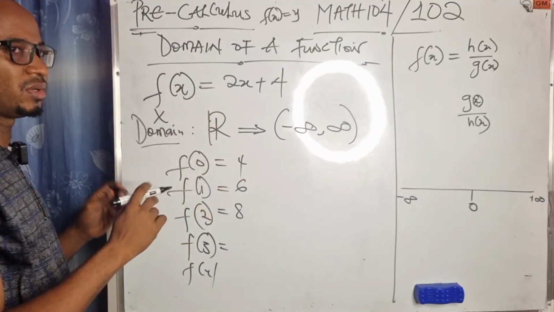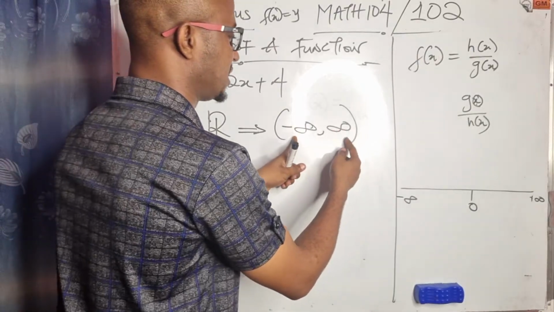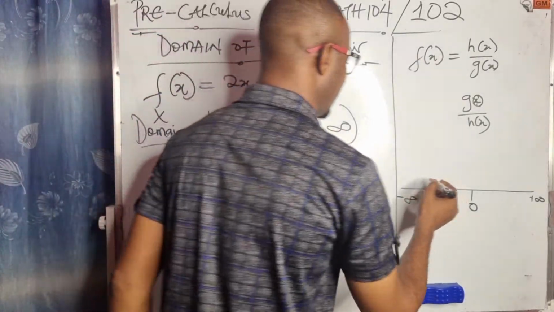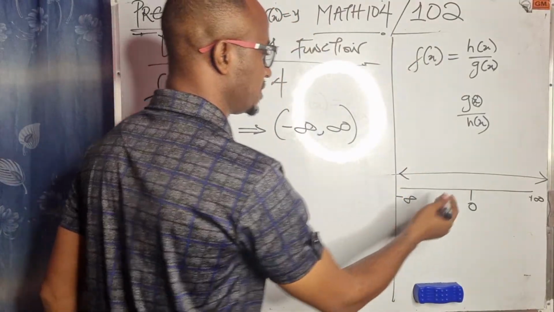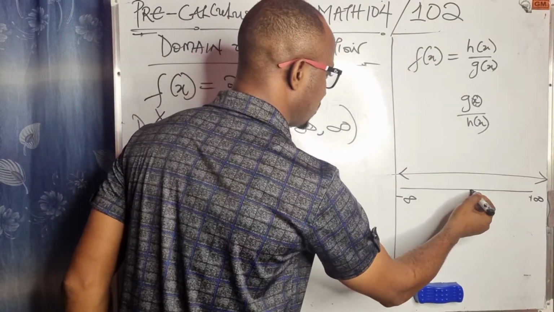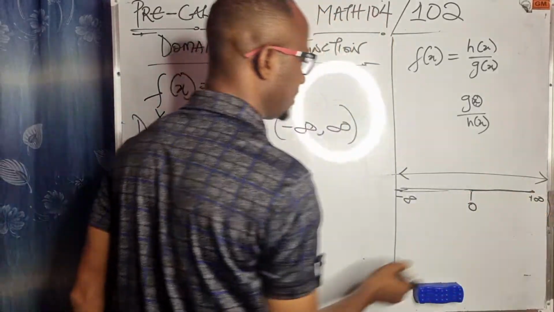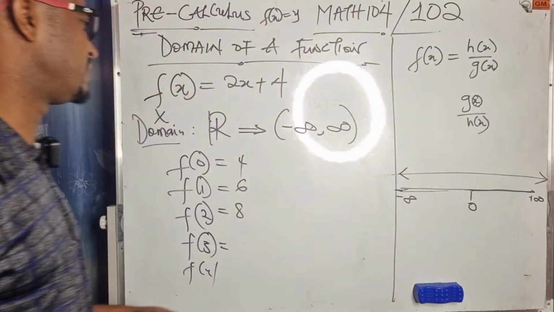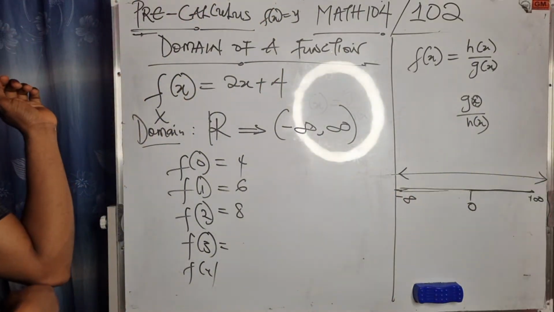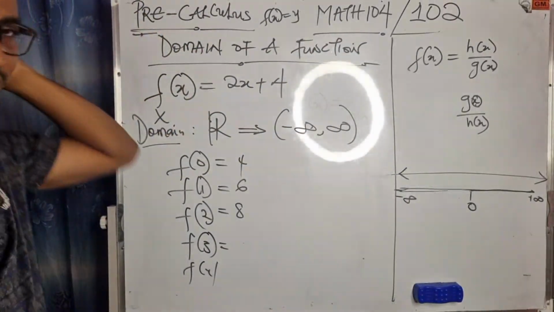All real numbers, which is from negative infinity to positive infinity. All real numbers comprise of what? It means from this point 0 down to this point, then from here to here. Exactly. So all the permissible numbers that can define these functions include all real numbers. I don't know if that is clear.